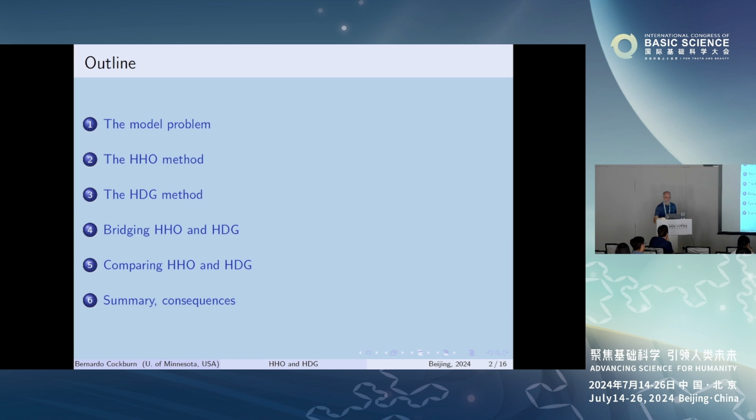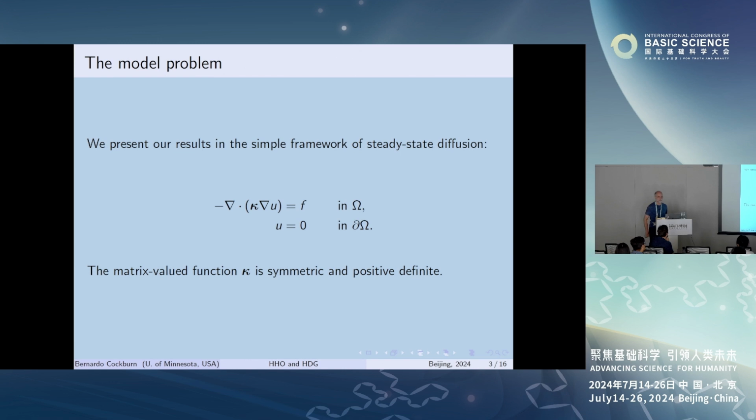Okay, so this is my framework. Kappa is, well, this is a standard elliptic equation. You can think of u as the temperature and of minus kappa gradient u as the heat flux.